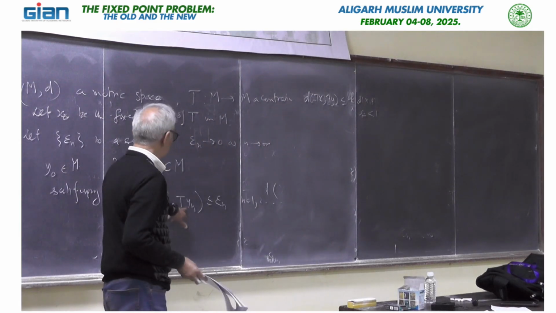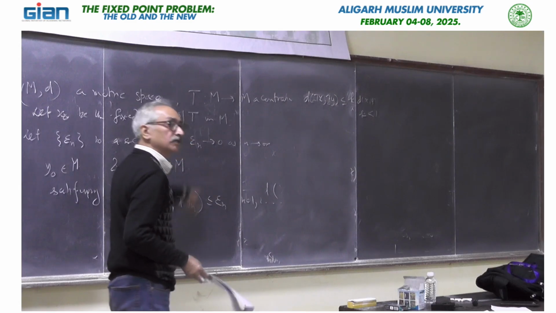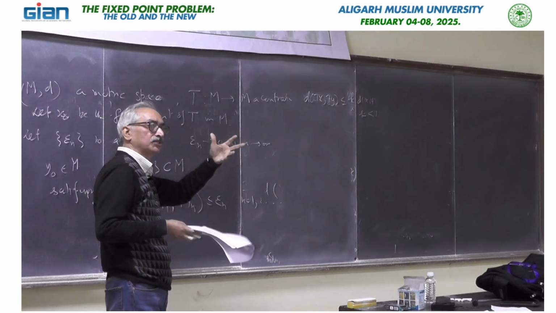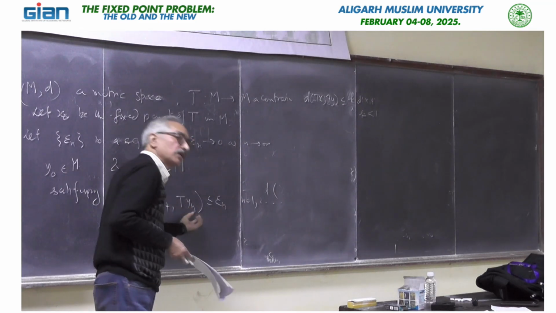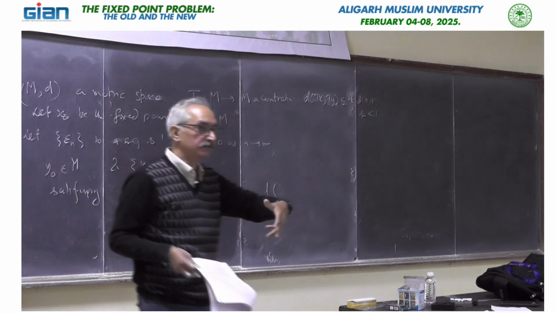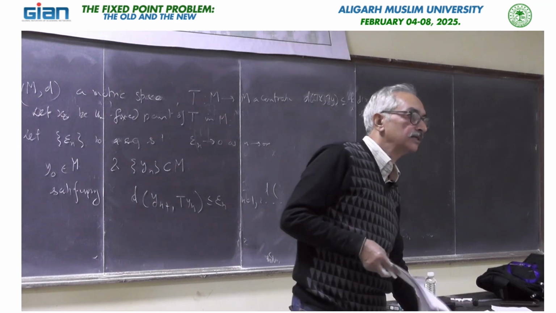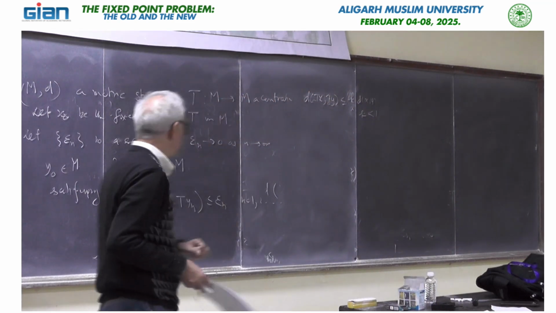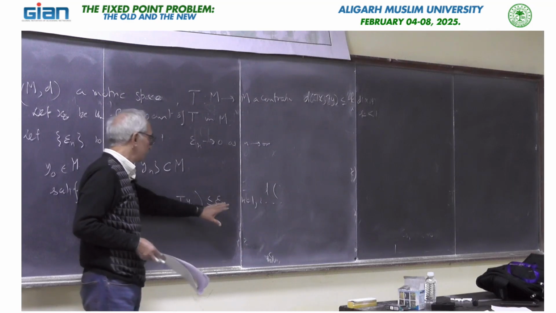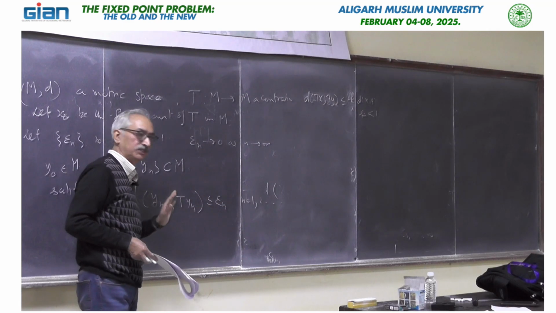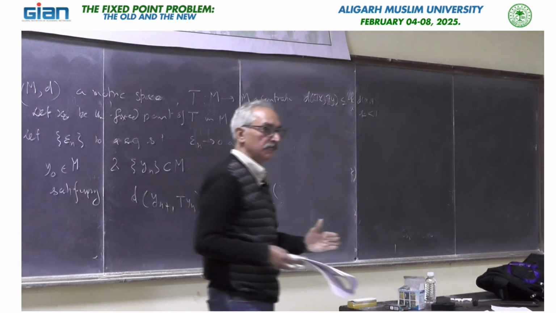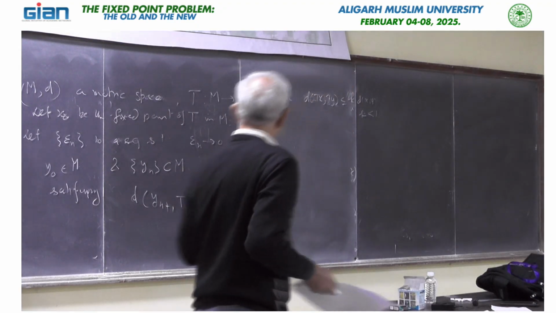So what it is saying is that y_{n+1} is not exactly T of y_n. By our approximations, y_{n+1} is close enough to T of y_n, because in the process of calculating there are some errors creeping in, but we have an estimate of those errors, and they are less than epsilon_n for each n. And as we keep approximating, these errors go to 0.